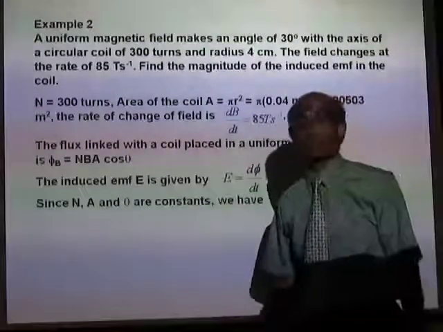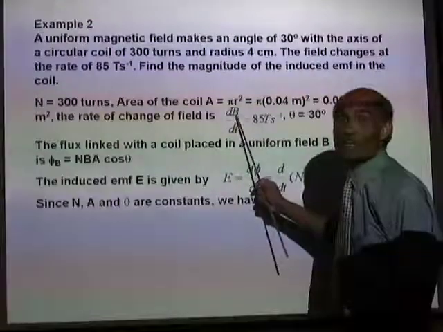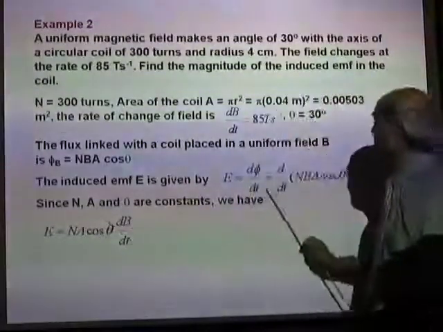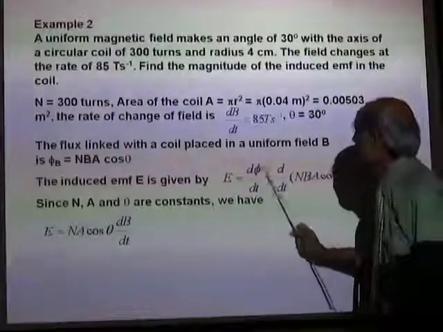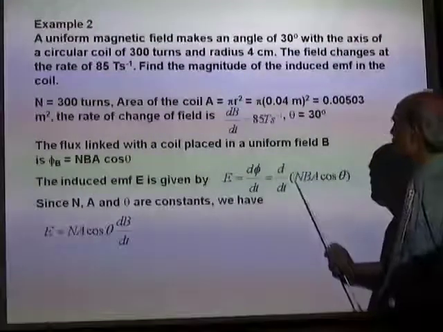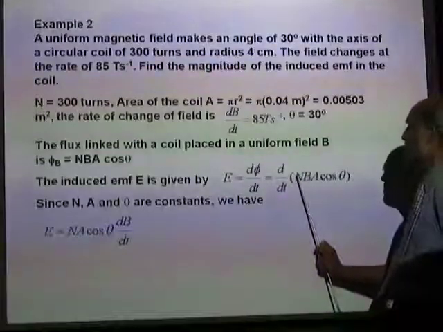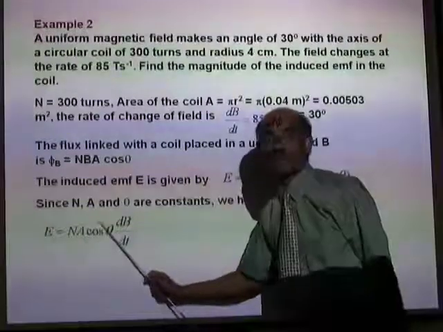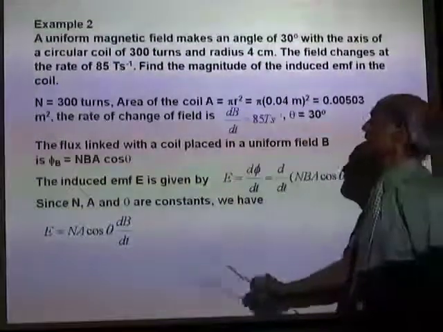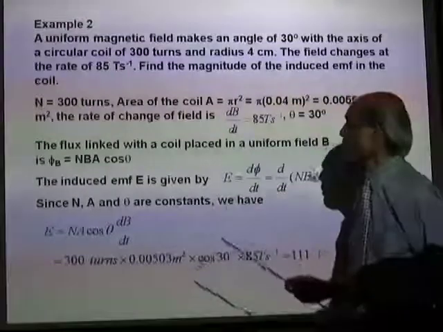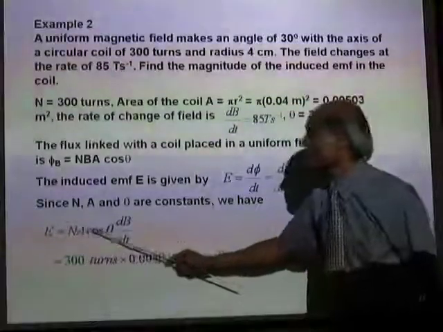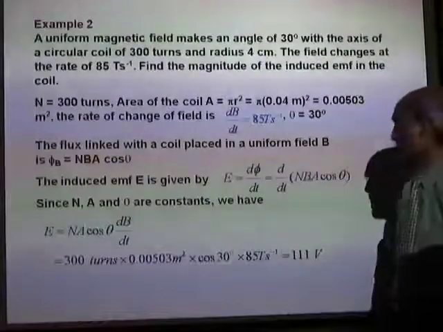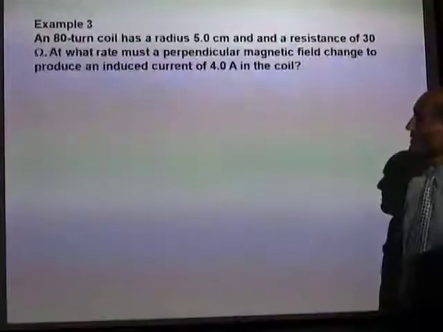Only the magnetic field is changing. Therefore, E equal to d phi by dt, d by dt of this quantity, we can take out NA cos theta. So E equal to NA cos theta times dB by dt, and we know all those values. So substitute all the known values, and that gives you the induced EMF is 111 volts.